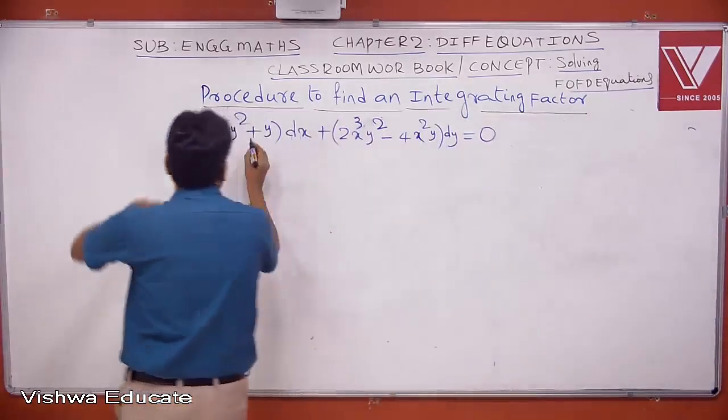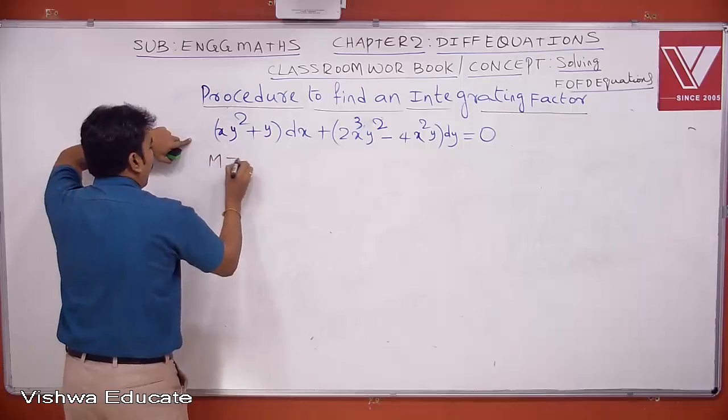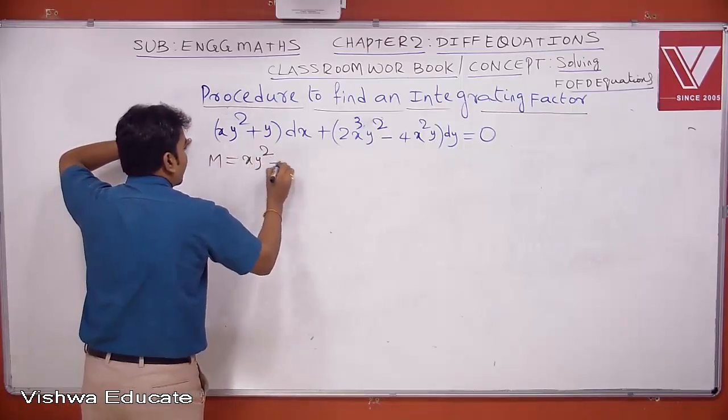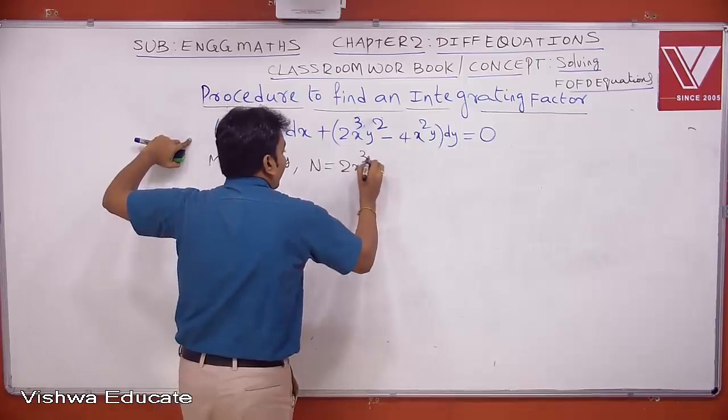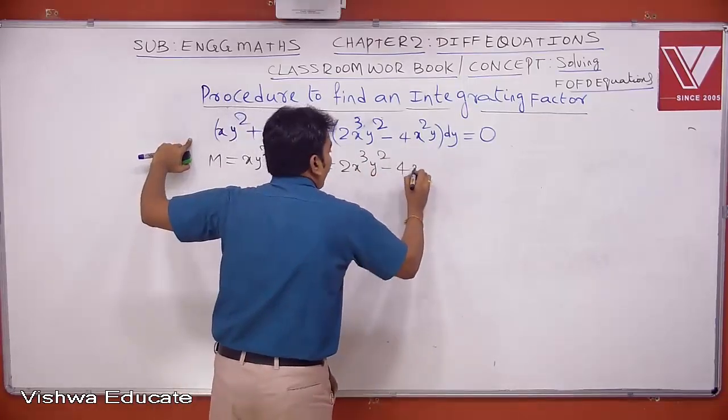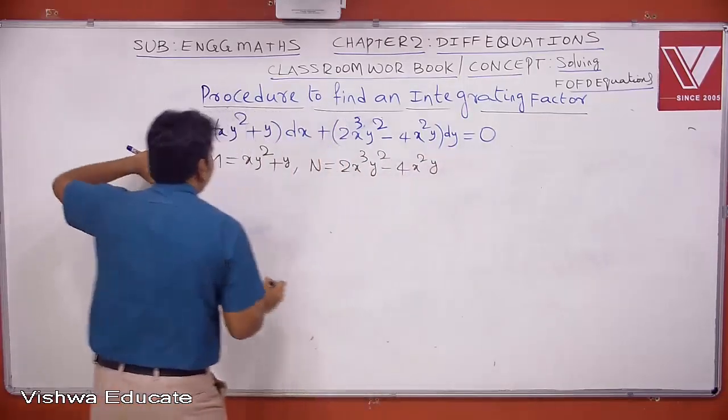Now in this case, this is m value. What is m? Xy square plus y. What is n? 2x cube y square minus 4x square y.